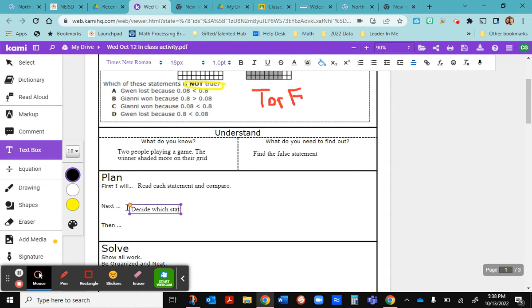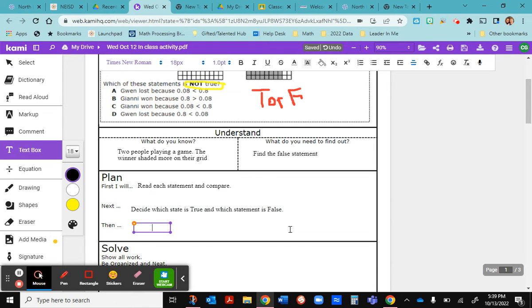Which statement is true, not true, and which statement is false. Actually, I should capitalize that one, right? Because if I capitalize true, I need to capitalize false.